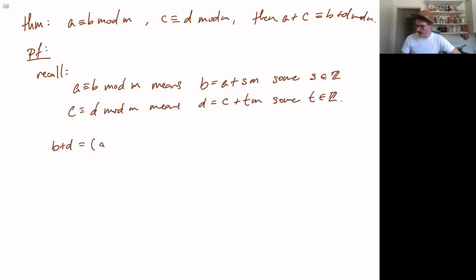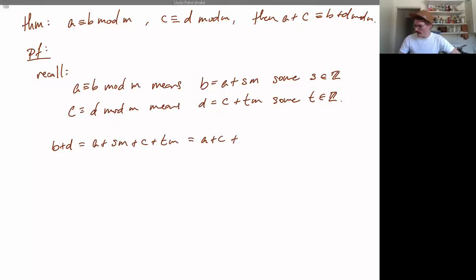So we get A plus S times M plus C plus T times M. And of course, we can rearrange this as A plus C plus this thing. Let me just factor out the M immediately.